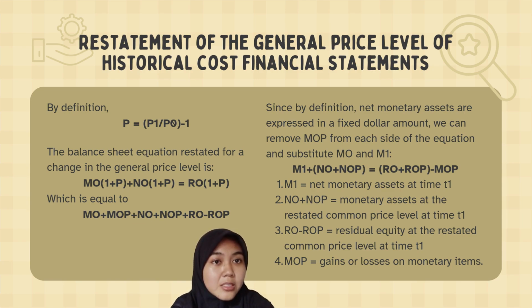The third one is R0 + R0P, which represents residual equity at the restated common price level at time T1. And the last is M0P, which represents gains or losses on monetary items. By definition, M0 is equal to the net monetary asset C0 minus monetary liability L0.